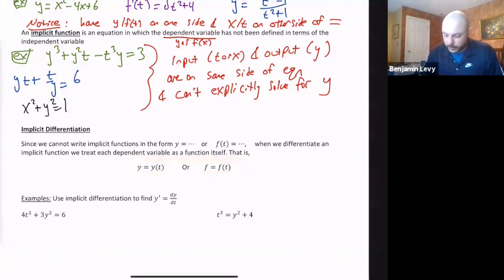So for example, let me just do a very basic mini example. Let's say we had y plus t equals t squared, and let's say we wanted to differentiate that.